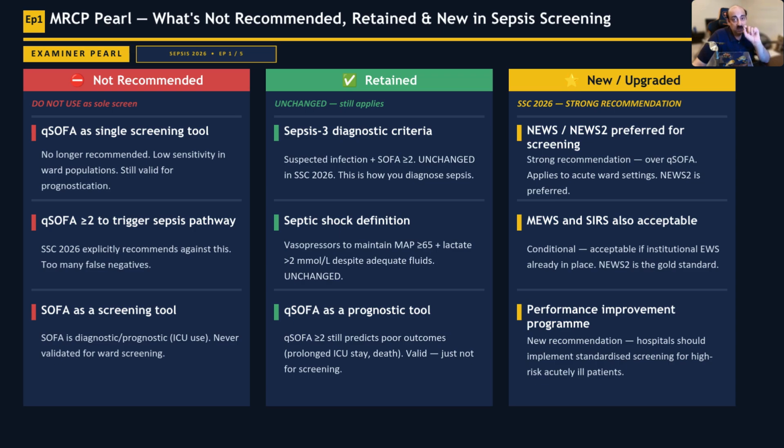Although the guidelines per se have not labeled or named NEWS2 as the sole screening tool. So this is the caveat. So please remember that. And performance improvement audits by institutional departments and hospitals should be implemented for standardized screening and for high risk and acutely ill patients.